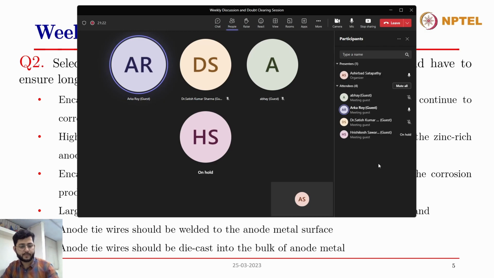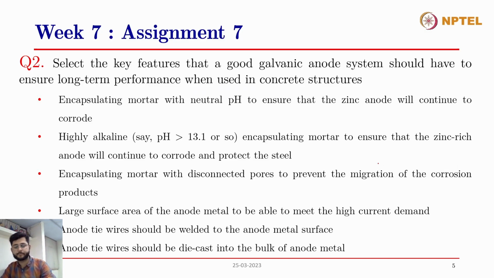Yes, sir. Sir, actually, the answer to this question would be that zinc will corrode in a very alkaline environment, so the second option. Then the large surface area of the metal will also be able to deliver more electrons to this rebar system, so it will help in meeting the high current demands.